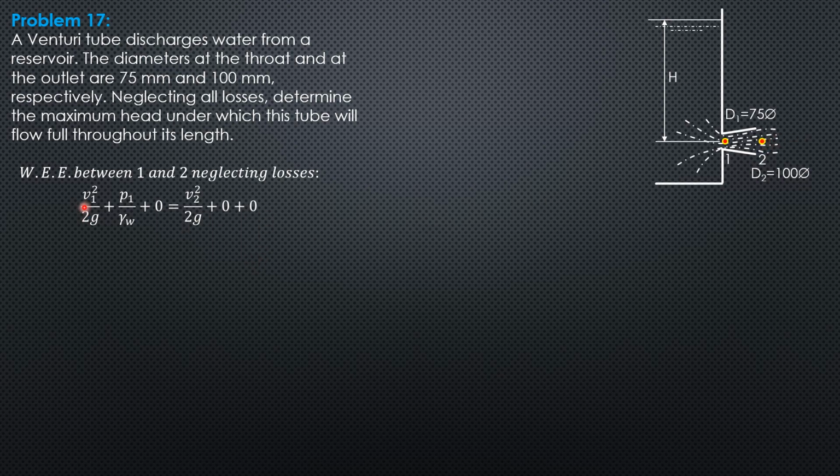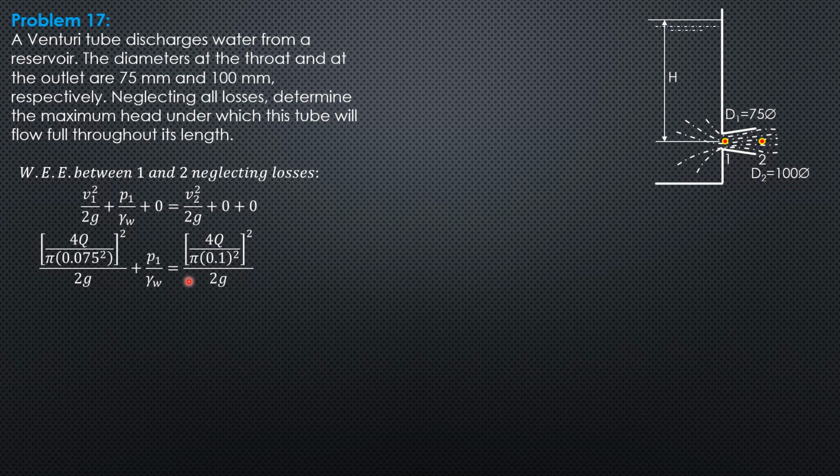So replacing V1 by 4Q over pi 0.075 square, then quantity square over 2g, or 19.62, plus P1 over specific weight, pressure head in terms of water, equals 4Q over pi 0.1 square over 2g.